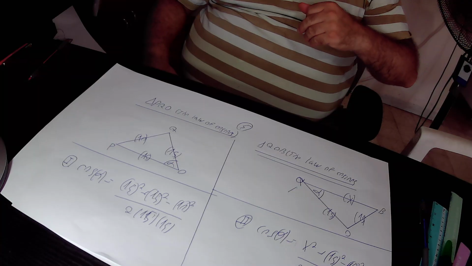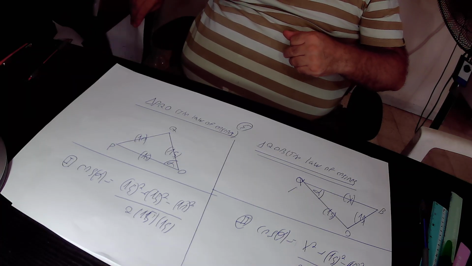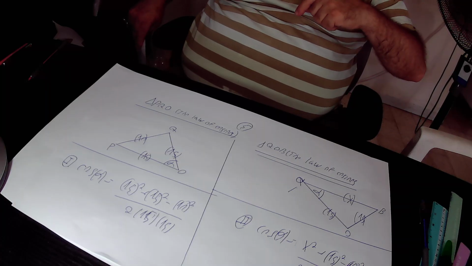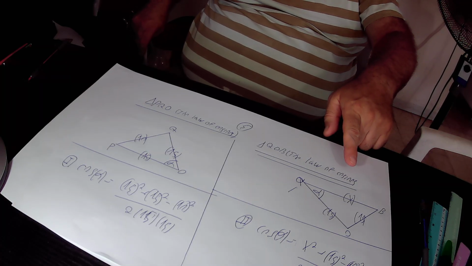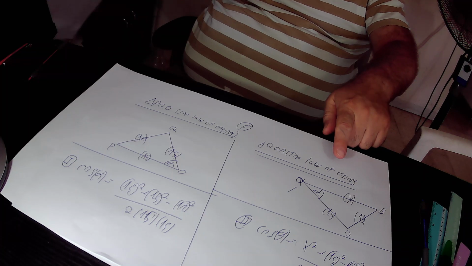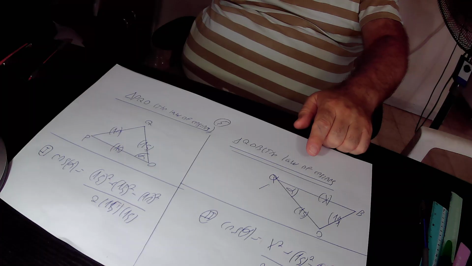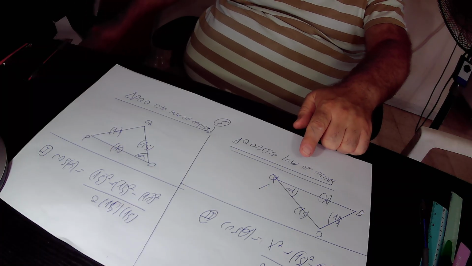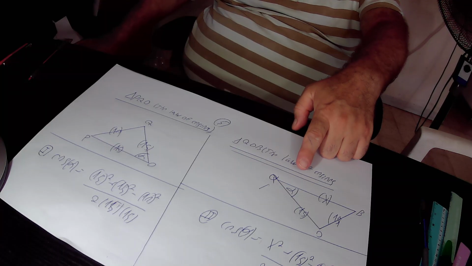In the next step, I copied the white triangle here, and we implemented the law of cosines in this white triangle QBO, that I copied from page 3. In this triangle QBO, this is angle alpha.